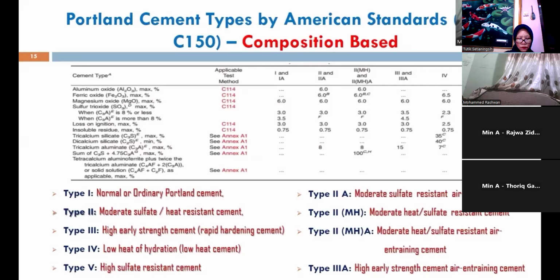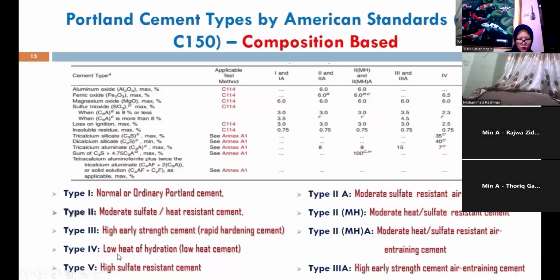This type of cement we use especially in cold weather or in projects which we must open quickly. So we use this type of cement in the construction.